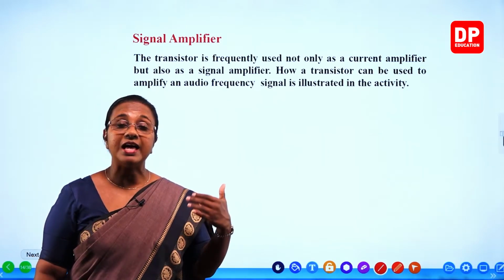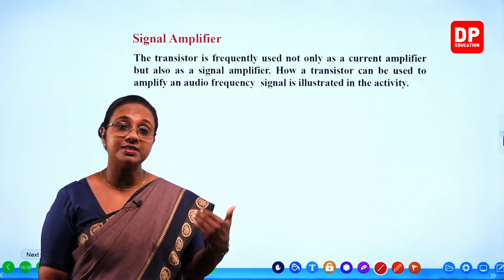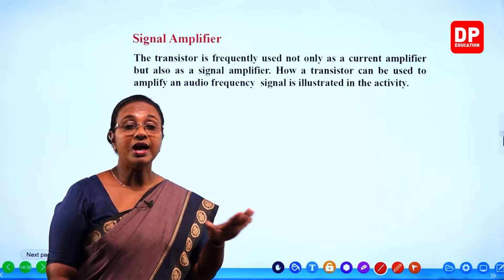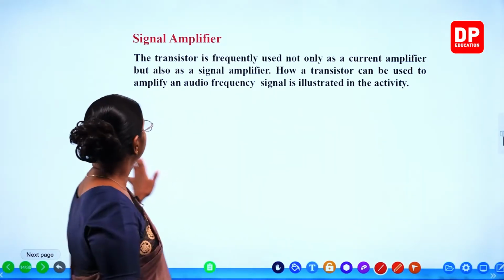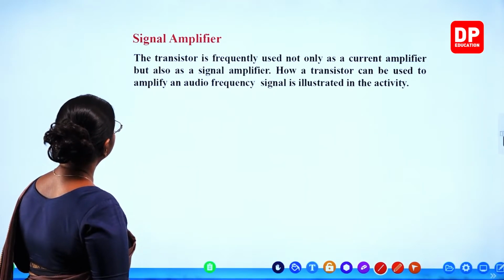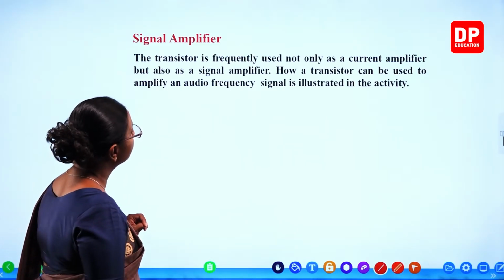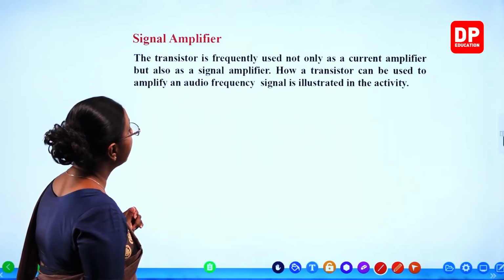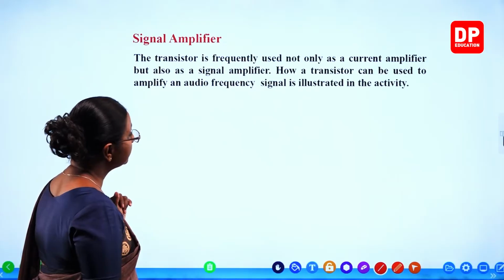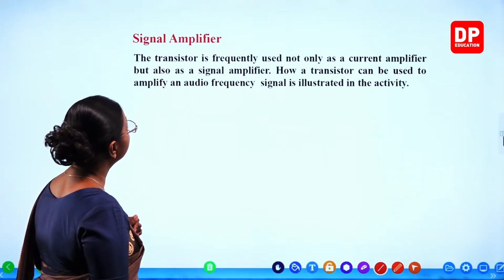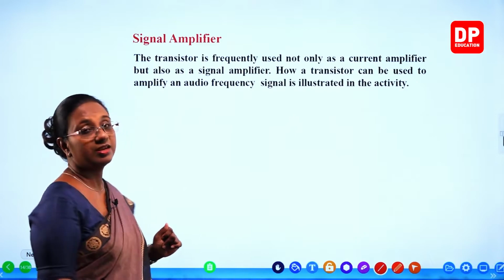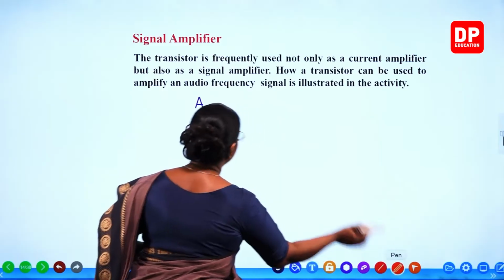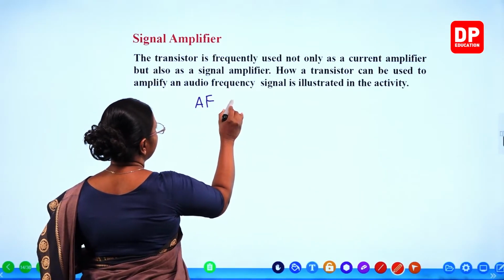The audio frequency sound can be amplified by the transistor, similar to amplification of current. The transistor is frequently used not only as a current amplifier but also as a signal amplifier. How a transistor can be used to amplify an audio frequency signal is illustrated in the activity. We can write it as audio frequency AF signal.